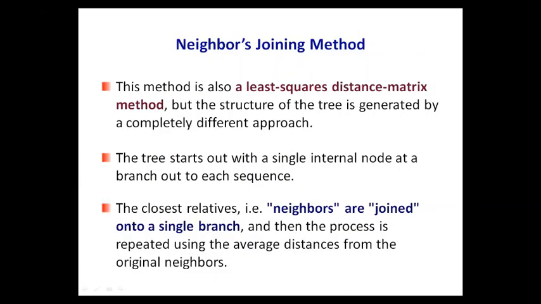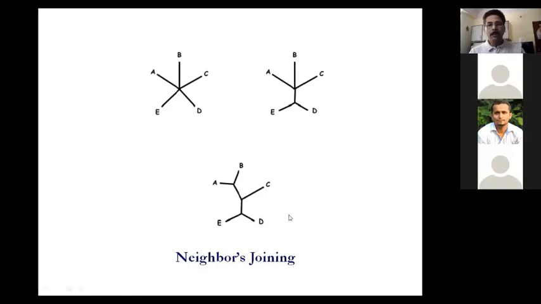Another distance matrix method is the neighbor joining method. This is not a statistical method, but a least square method. Next we'll be discussing briefly the neighbor joining method. It is also based on the distance score as we discussed earlier, but here the procedure is a little different from the previous one.